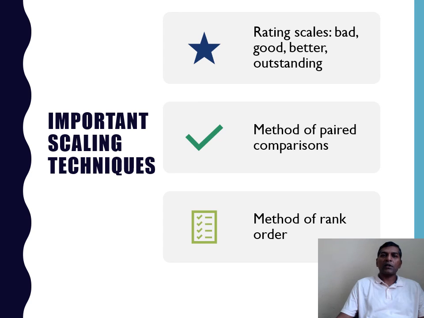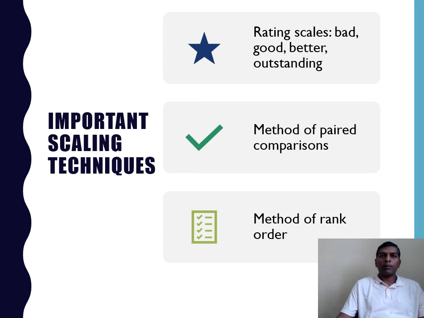This is how they are collecting data, and the data will be used for sorting a particular product into 4 star and above rating, 3 star and above rating, 2 star and above rating. So this is how the scaling mechanism is also used in different places.